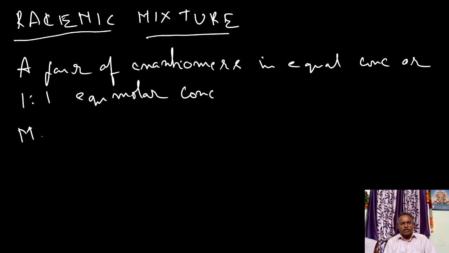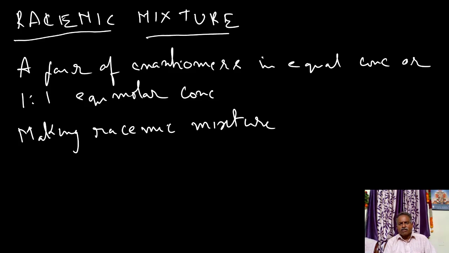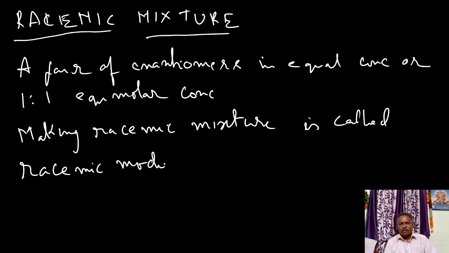And making a racemic mixture is called racemic modification. So racemic modification means making a racemic mixture by mixing a pair of enantiomers in equimolar concentrations.